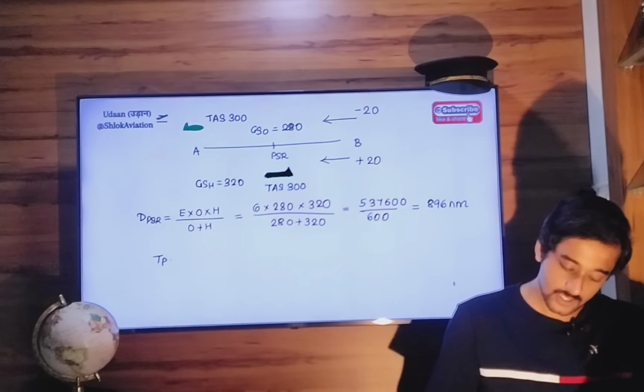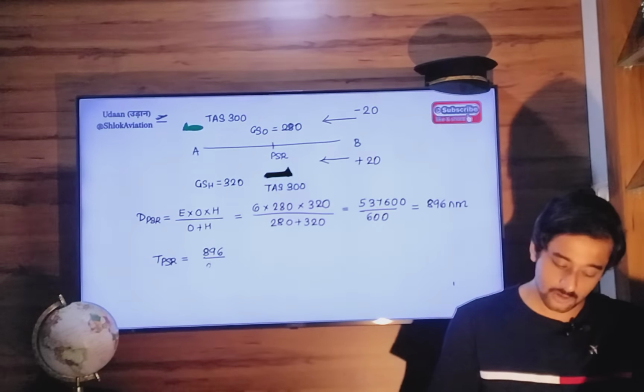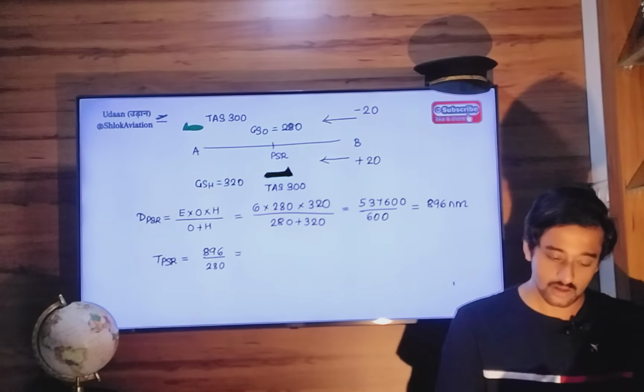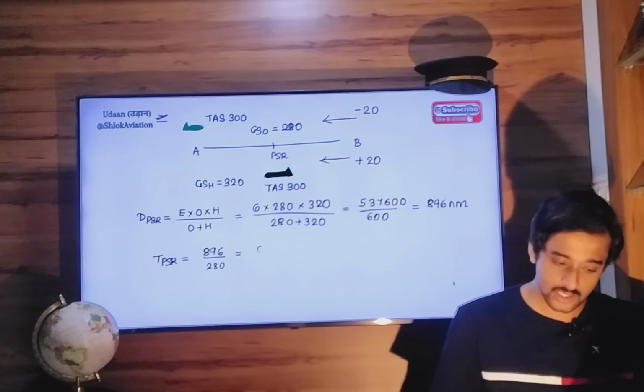So time to point of safe return will be 896 divided by outbound speed 280. So that is 3 hours 12 minutes or 192 minutes. So 3 hours 12 minutes. So 3.2, option delta.